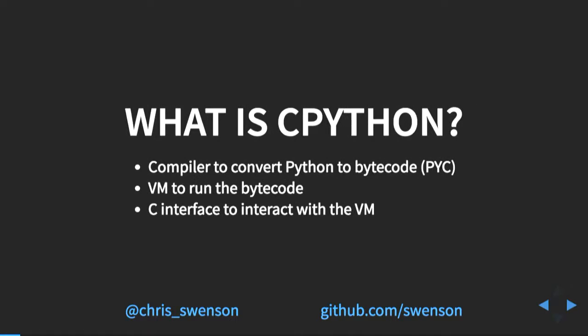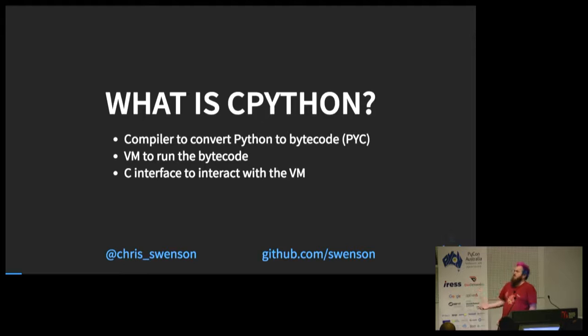Okay, so starting off, when I say CPython, it kind of means three things, at least to me. It means a compiler to convert Python to bytecode. Python has its bytecode, as was mentioned in the keynote, a compact representation of a Python-like set of code.